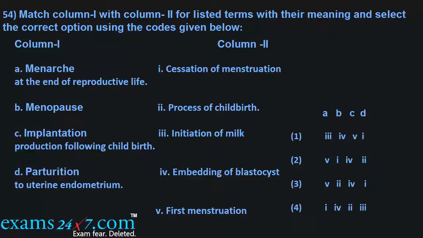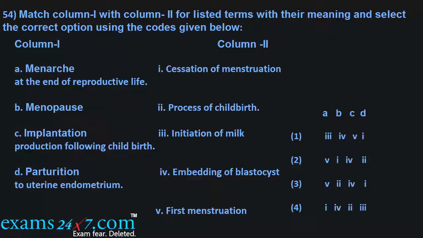Second, menopause. I hope all of you know the ending or cessation of menstrual event at the end of reproductive life of a woman. So menopause is matching with the first option, that is cessation of menstruation at the end of reproductive life.